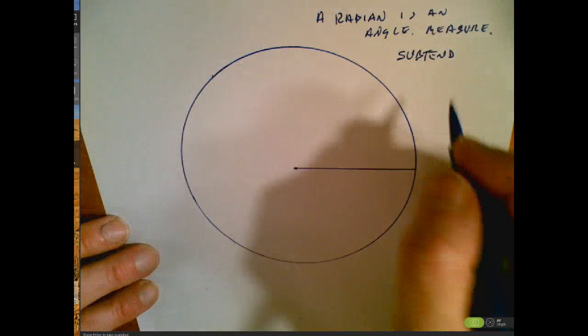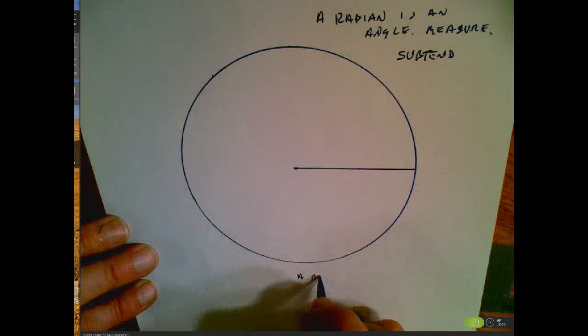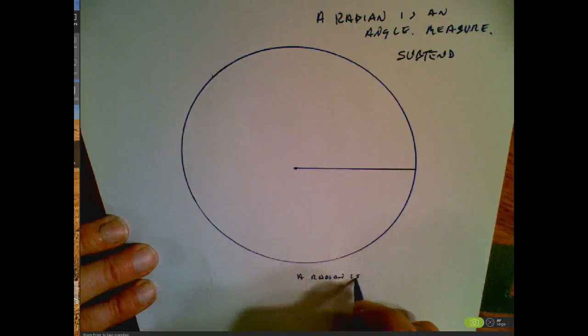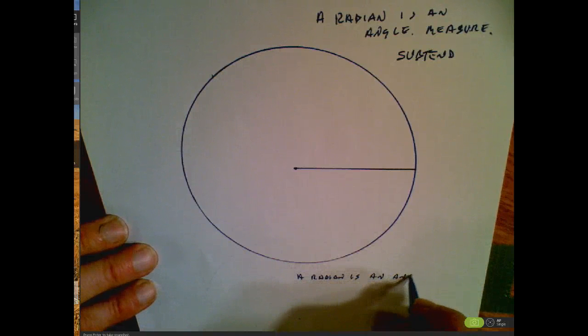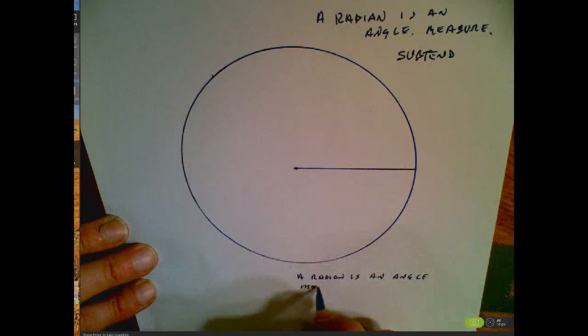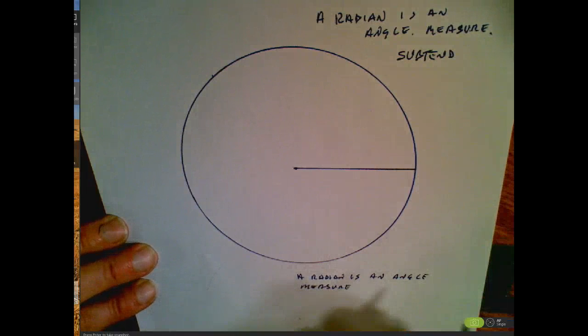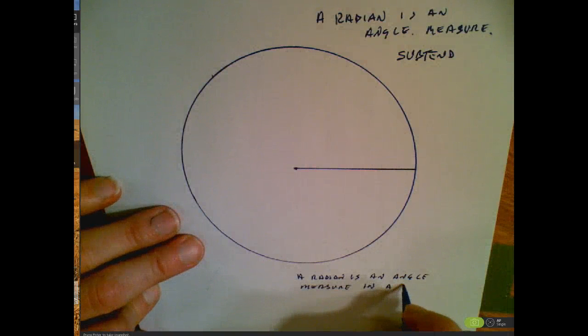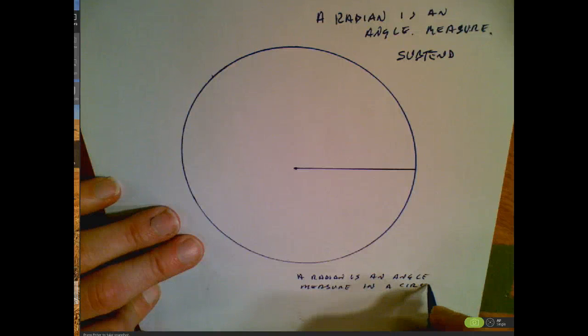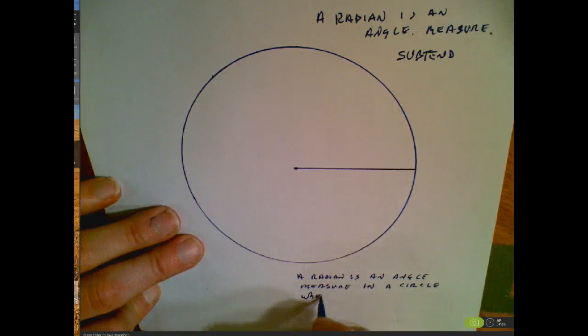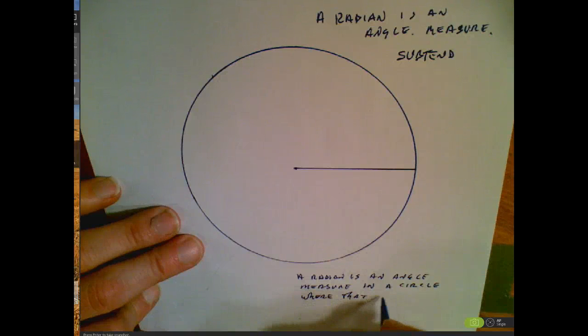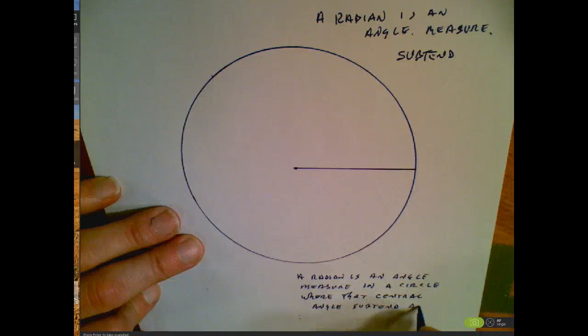So a radian is an angle measure in a circle where that central angle subtends an arc.